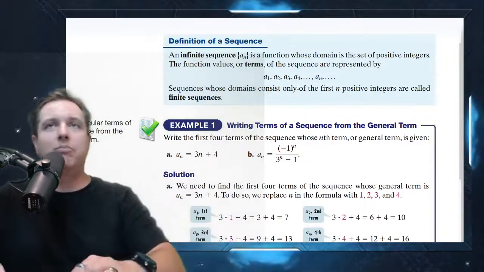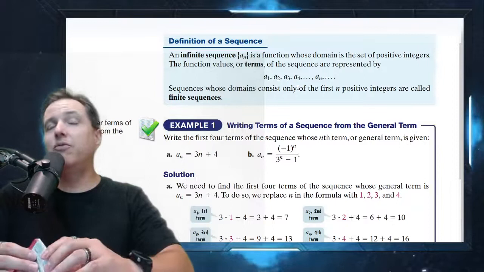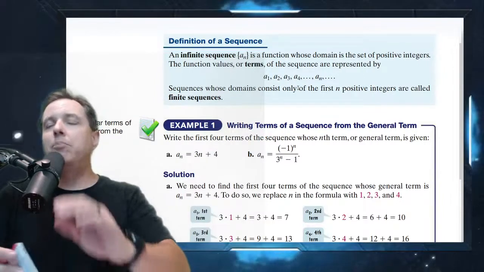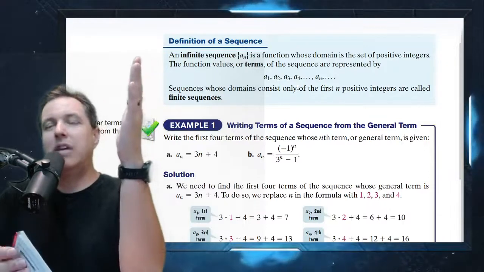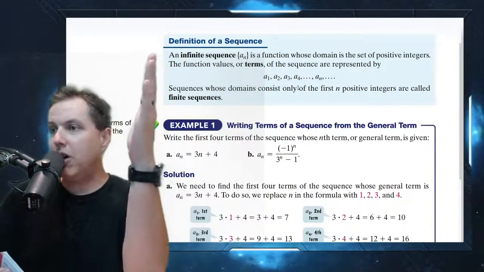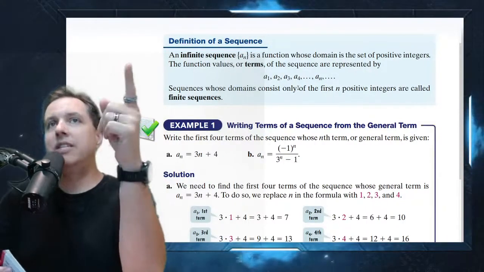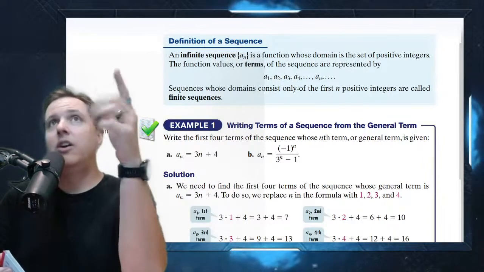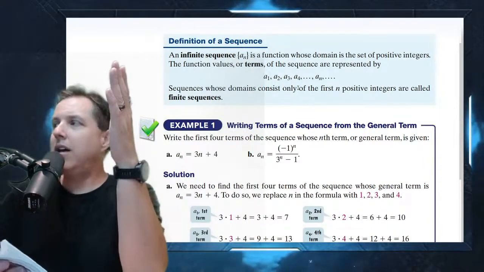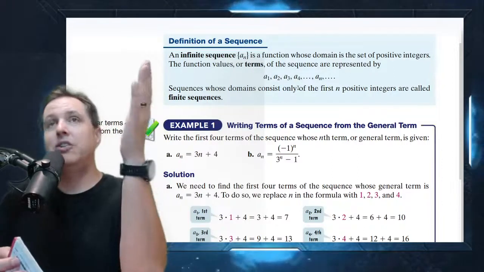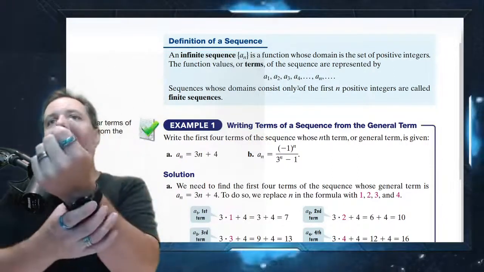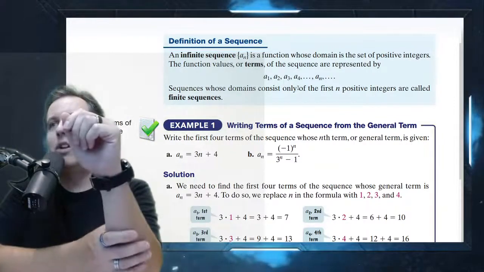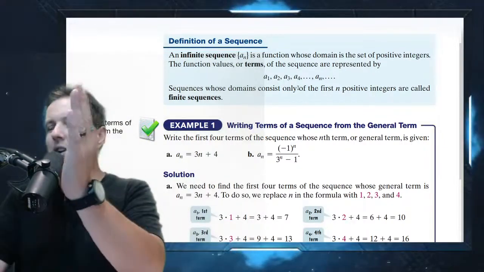Sometimes I've seen books before, and we got rid of this book for lots of reasons, but some books number things like computer science does. Computer science has a weird way of counting. They like to count starting with 0. And I've seen one book do their sequences and series that way, and I do not like it. As a mathematician, I always like to start counting with the number 1 if I'm counting things. Computer science people like to start counting with the number 0, but it makes it kind of weird sometimes.